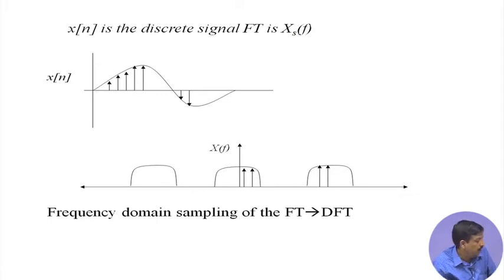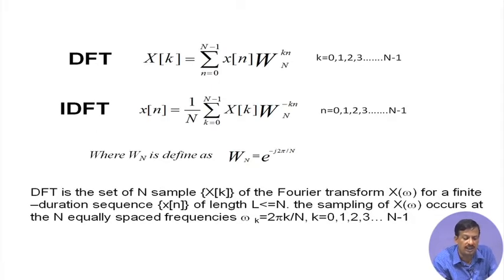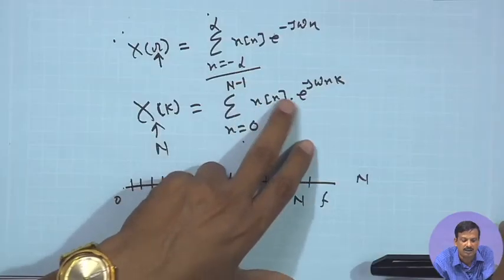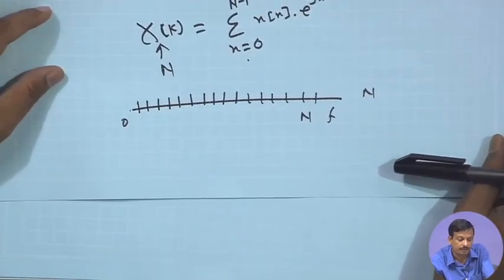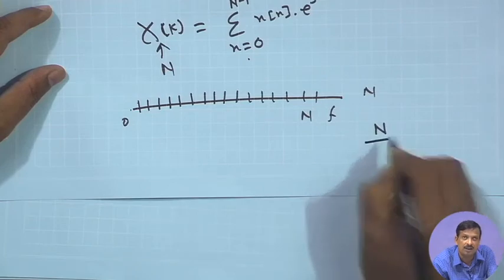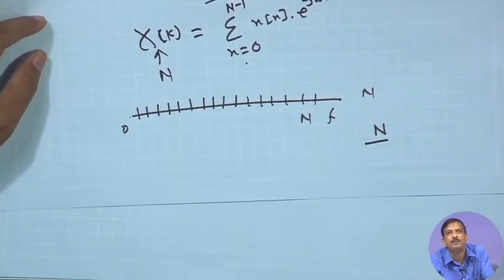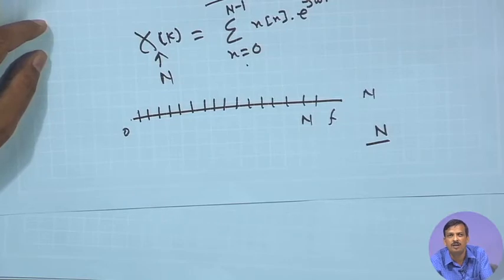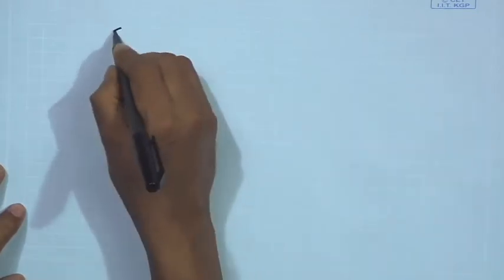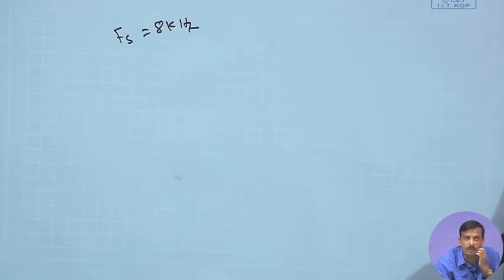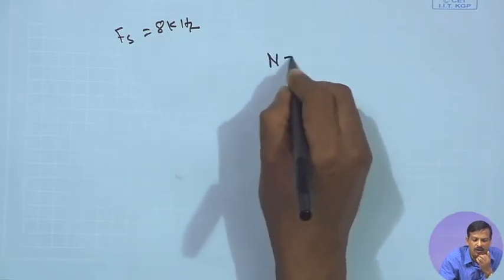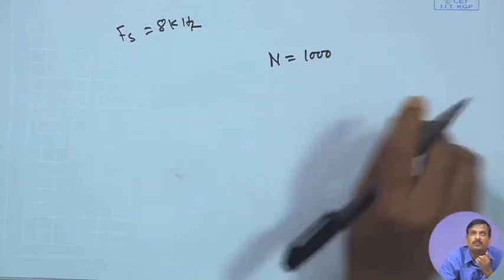If it is the DFT, then the equation is X[k] equal to the sum for n equal to 0 to N minus 1 of x[n] e to the power minus j omega n k. This N is called the length of the DFT. Now, suppose I have a signal whose sampling frequency Fs is 8 kilohertz, and I take N equal to, let us say, 1000.